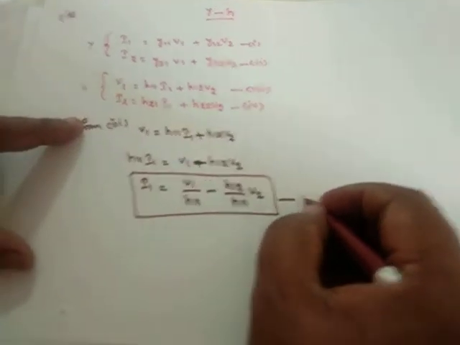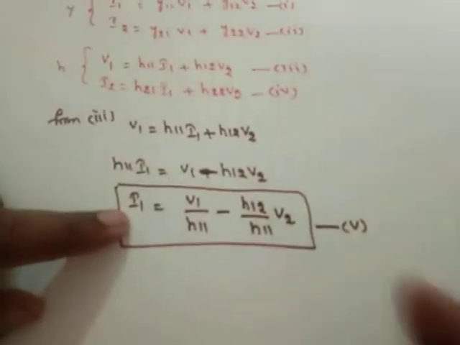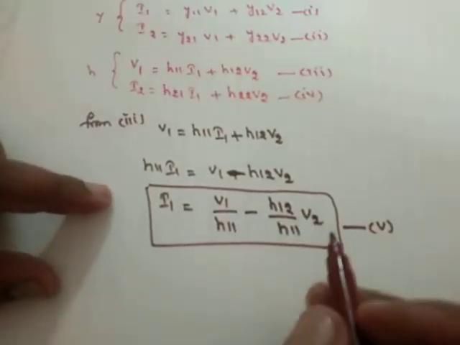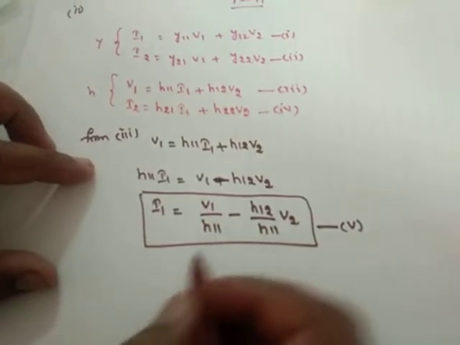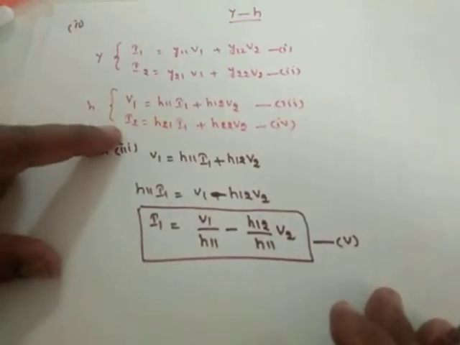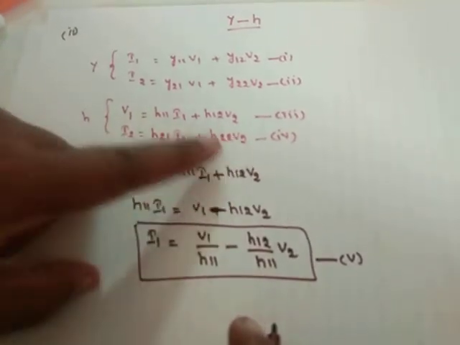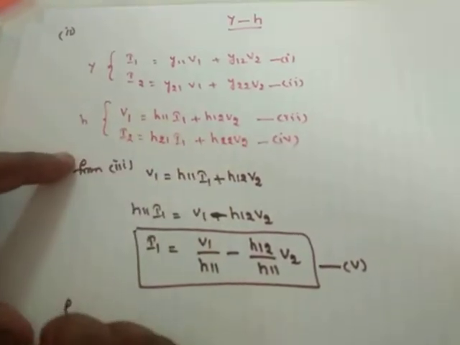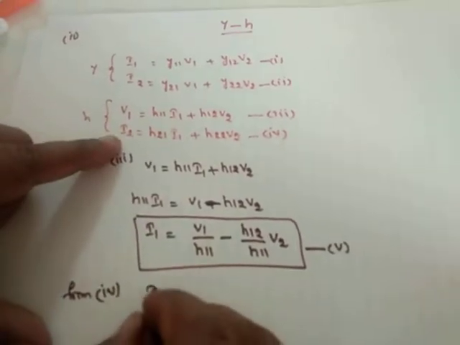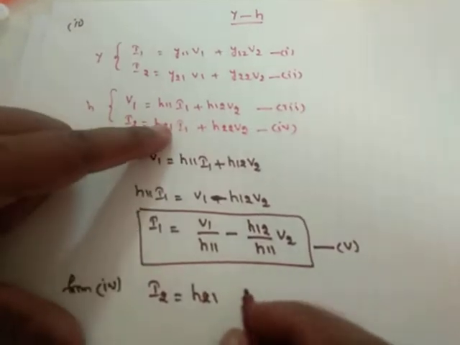So this is the fifth equation. Observe here, I1 is the dependent variable in terms of V1 and V2, further in terms of the H model. Now from the fourth, I2 is equal to H21 I1 plus H22 V2.